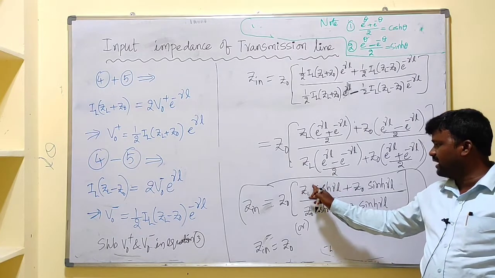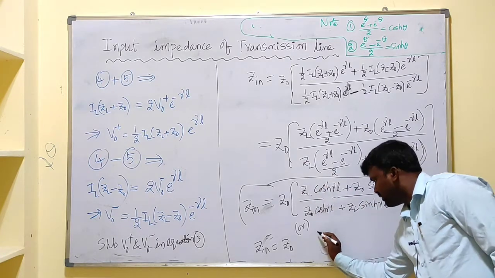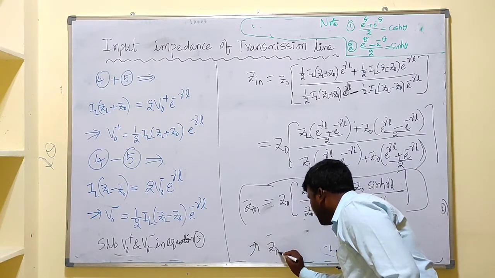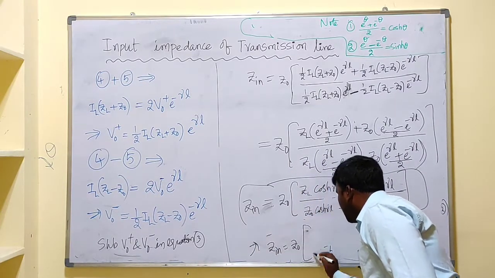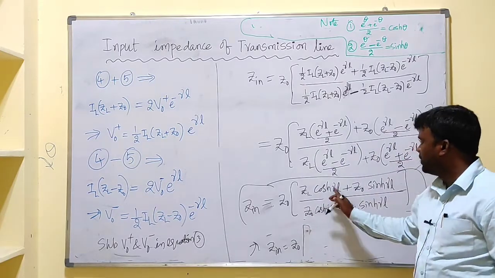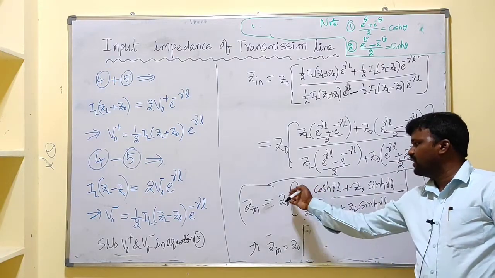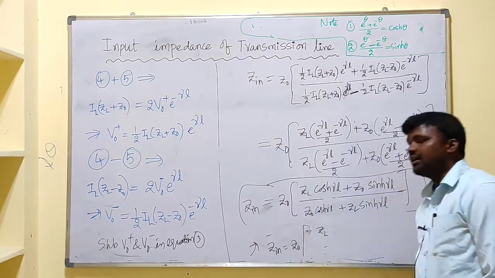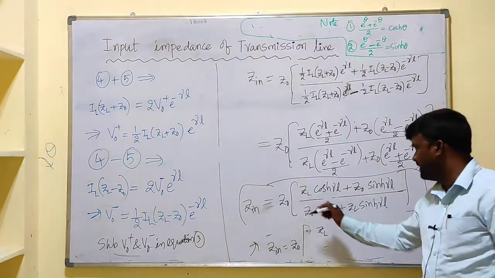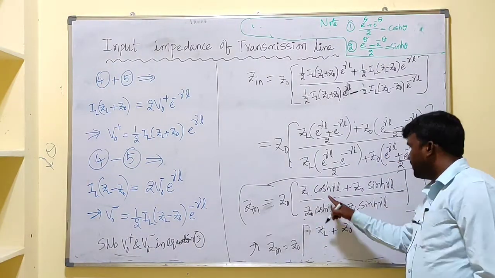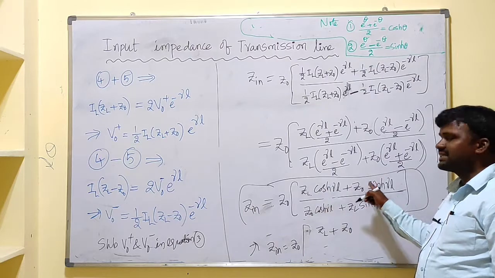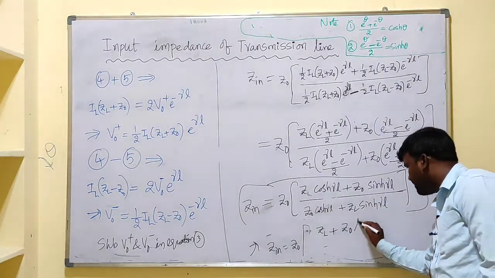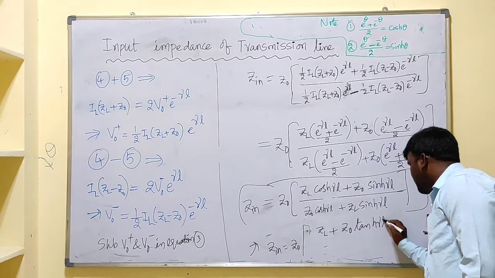If you take cosh γL as common, it cancels out. Here cosh γL is taken as common, so the remaining term is ZL, and here Z0. If you take cosh γL as common, this becomes sinh γL by cosh γL, which is tanh γL.